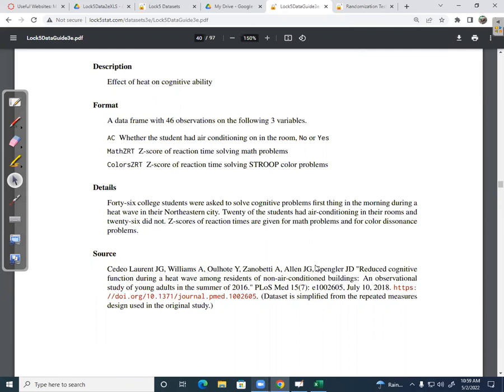Z-scores of reaction times are given for the math problems. Some people were quicker than others, so they recorded the time to perform these skills. Anybody remember what a Z-score is? Way back from chapter 2? A Z-score measures how many standard deviations your score is from average, right?